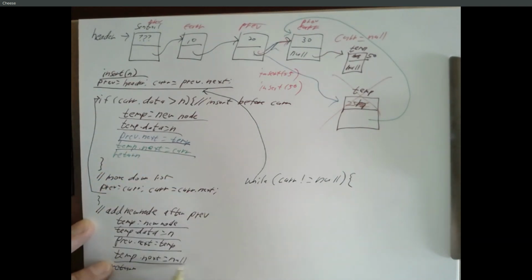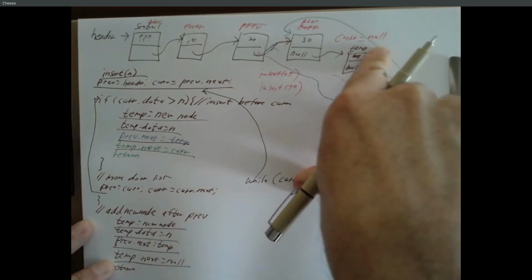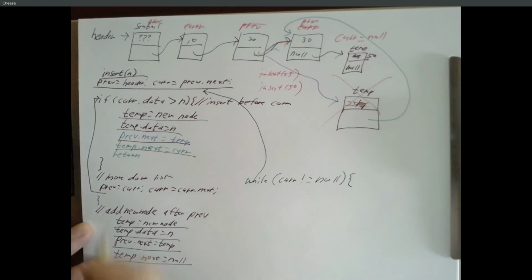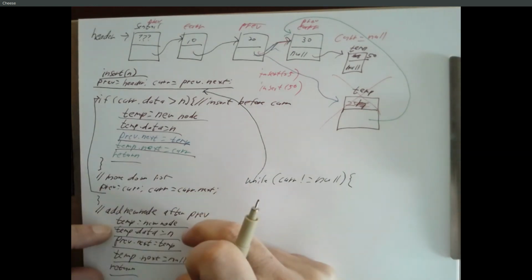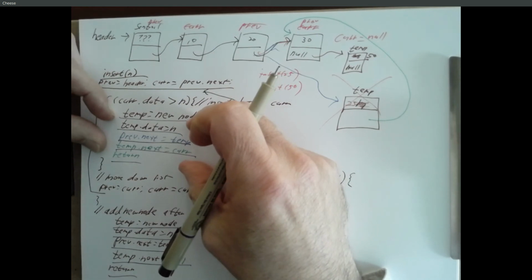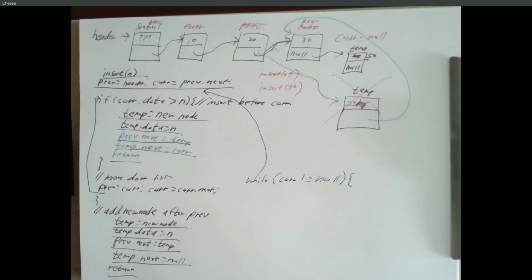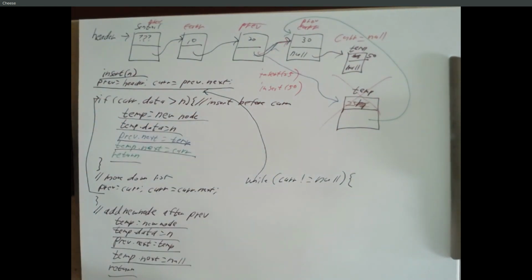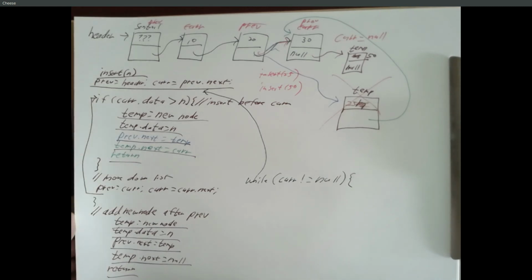Well, here we said temp.next equals null, but current is also equal to null. So we could have said temp.next equals current, and then return. This is exactly the same code as this, which should make you feel good. So we have to notice that we're at the edge, but we're still doing the same thing that we did when we were inside the list. So it's almost not an edge case. It's only the edge case when we don't have it inside and out.